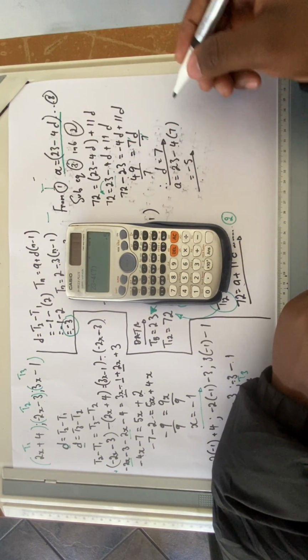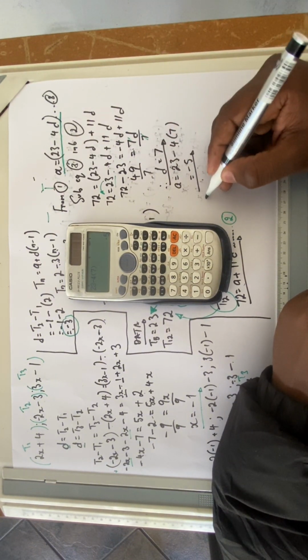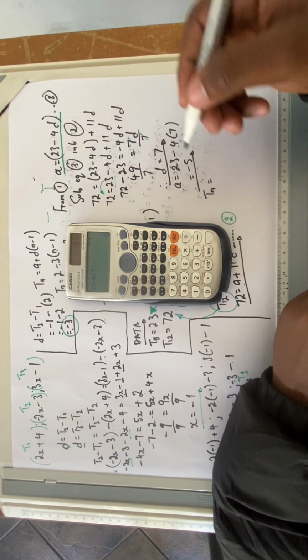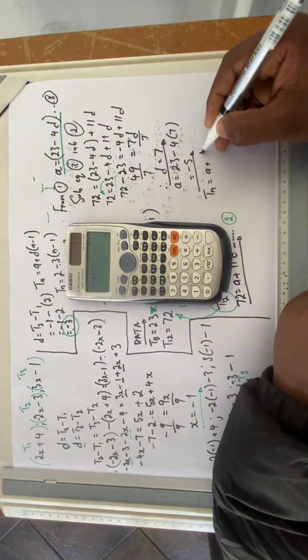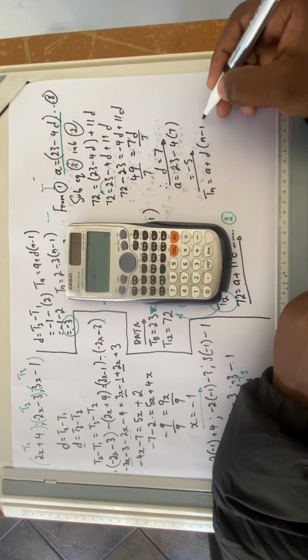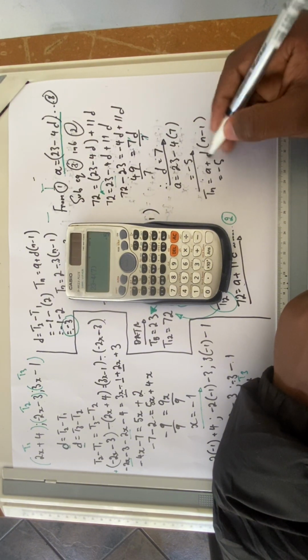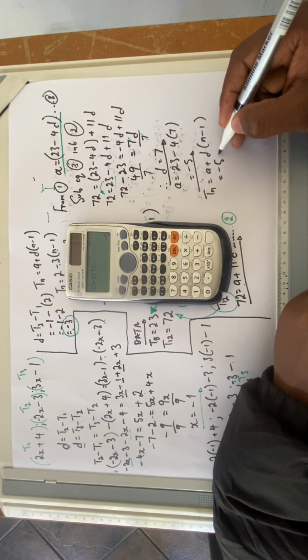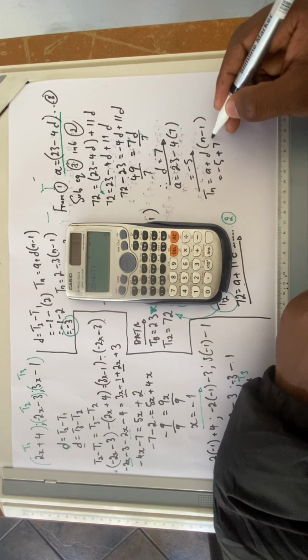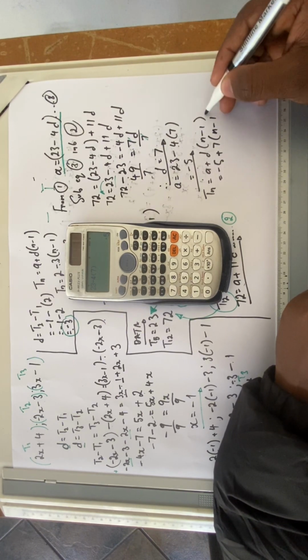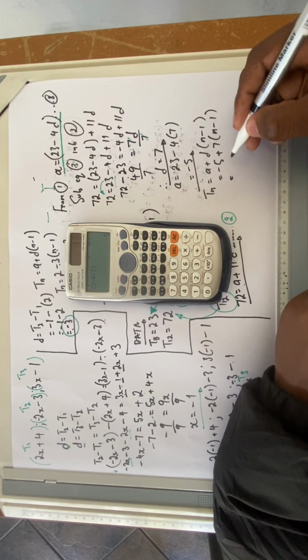So therefore the general equation would look like what? Will be Tn is equals to what? A plus D, open bracket, n minus 1. What is my A? -5. What is my D? My D is 7, open bracket, n minus 1. Therefore, what do I end up with?